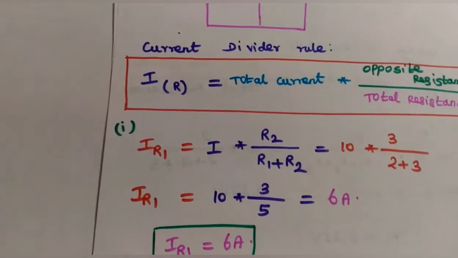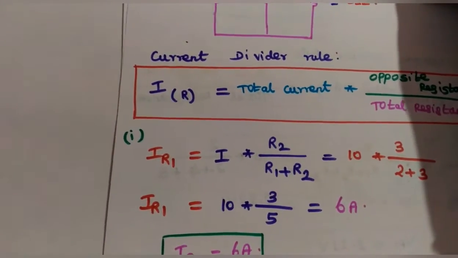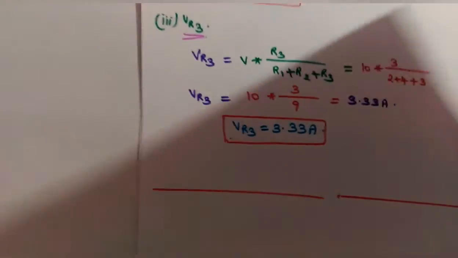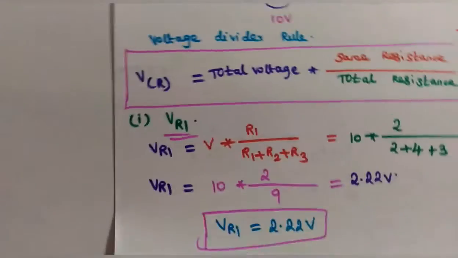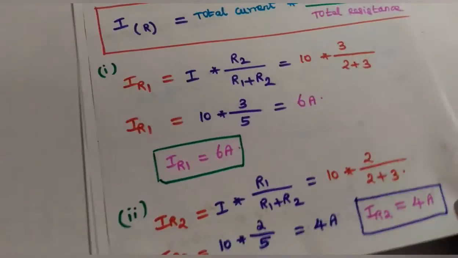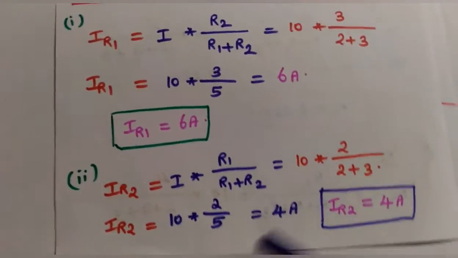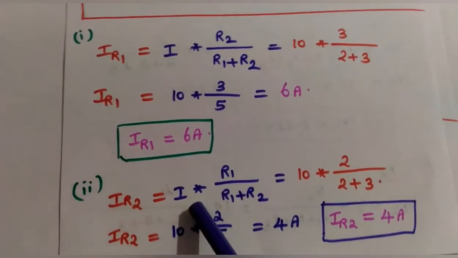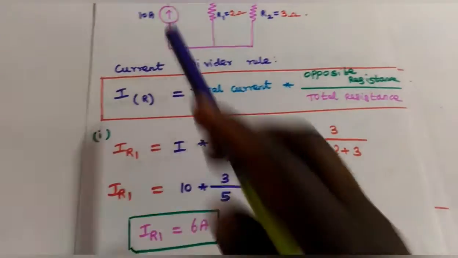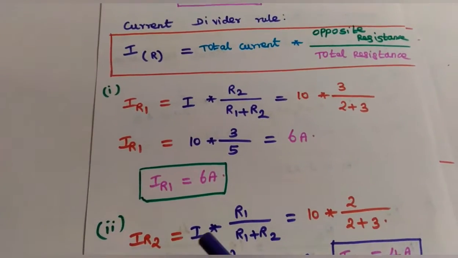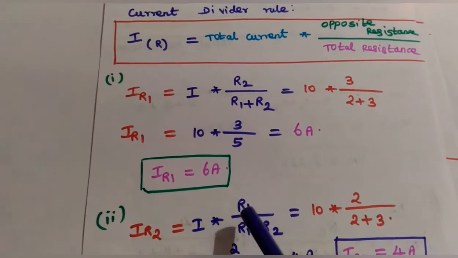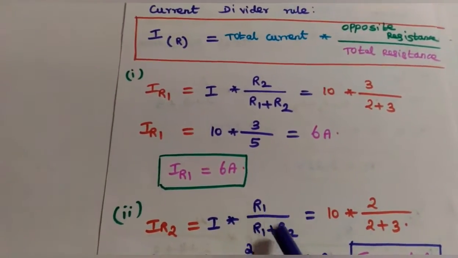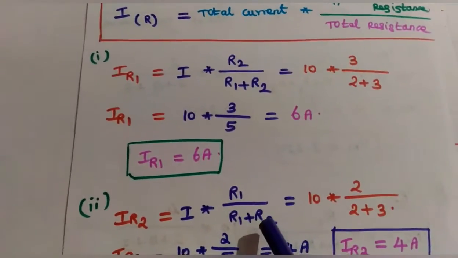Now let us calculate the value of current flowing through the resistance R2. Again we are going to apply the same current divider rule. IR2 is the total current of the network, that is 10 amps, into the resistance opposite to R2, which is R1, divided by the total resistance of the network, R1 plus R2.